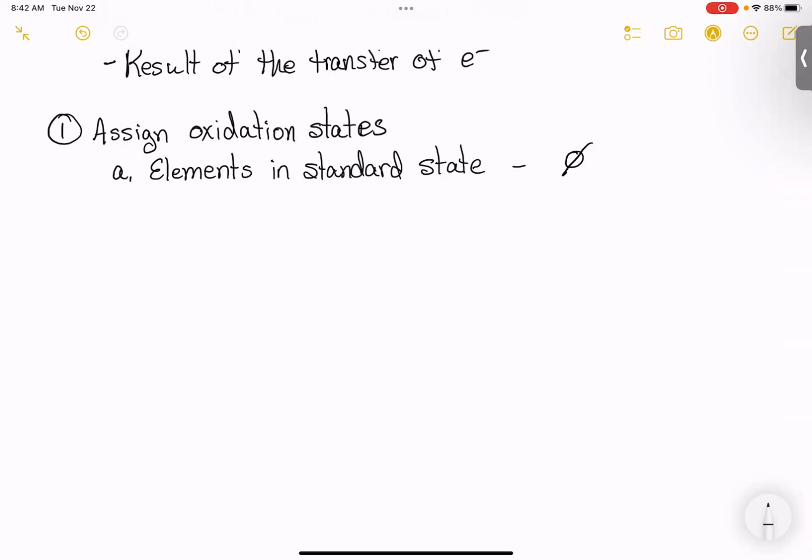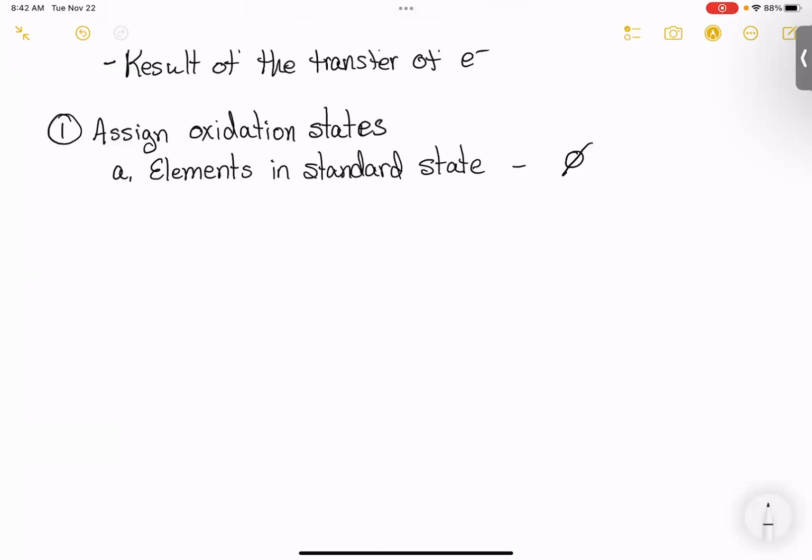How are you going to recognize whether you have an element in its standard state? The way you recognize it is you look for a compound that consists of only one type of element, and that compound is charge neutral.